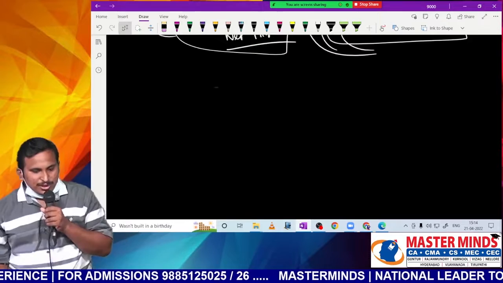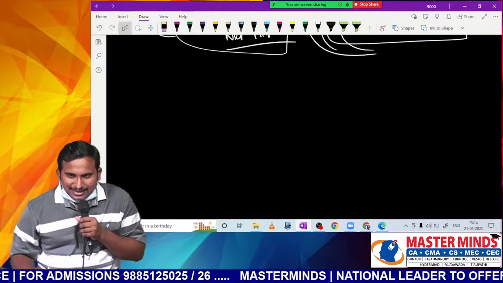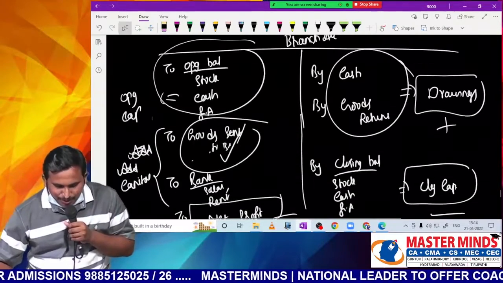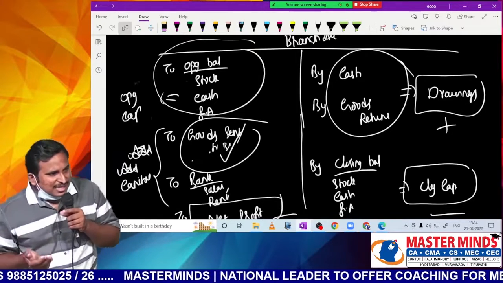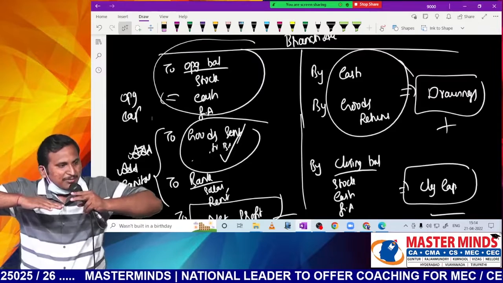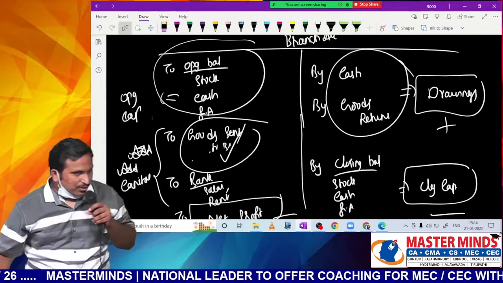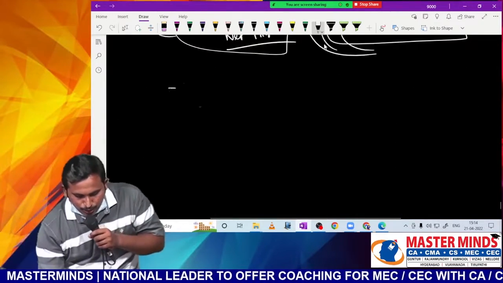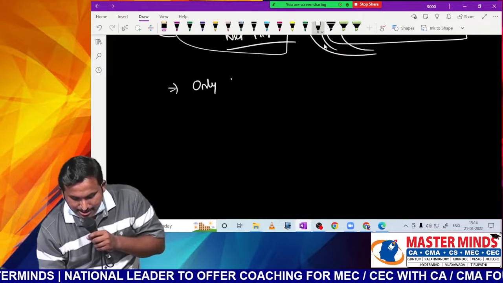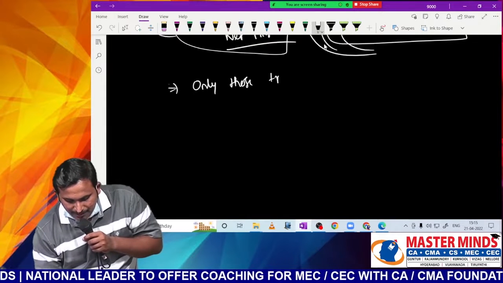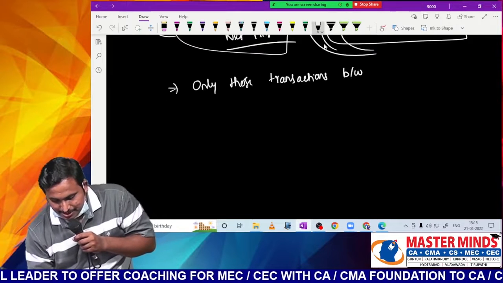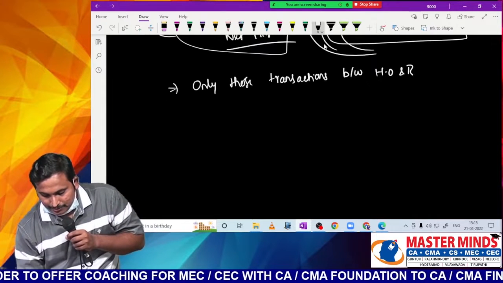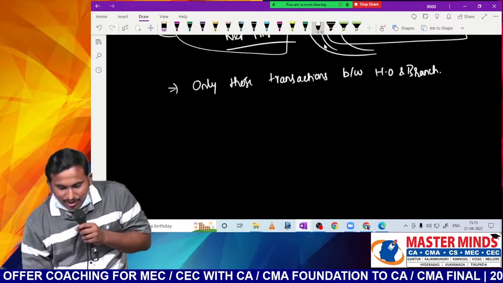Look here carefully. Sir, in the debtors method, when we write in the branch account, the transactions we write are only those transactions between head office and branch. Any other transactions we don't record, sir.